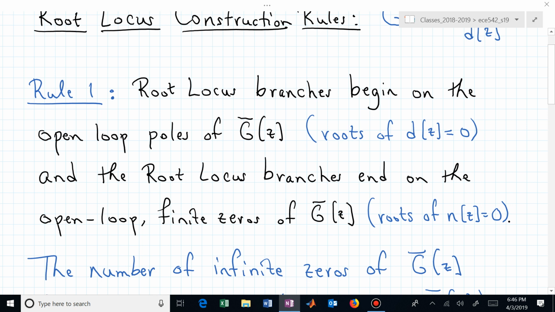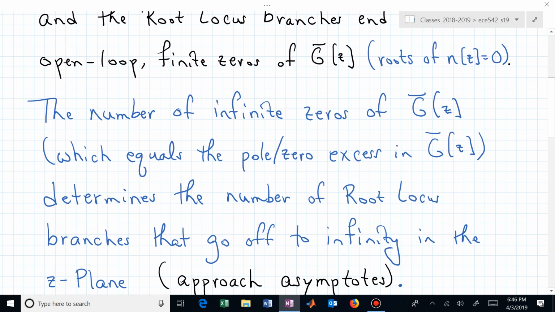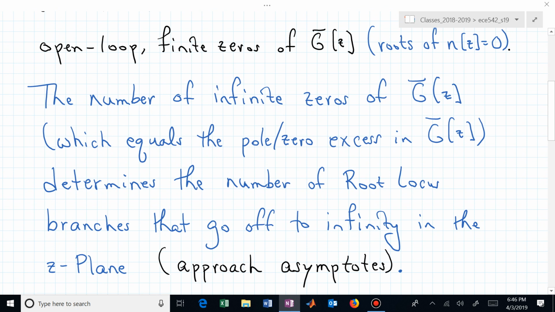And the root locus branches end on the open loop finite zeros of g of z. But we may have more poles than we have finite zeros, and if we do, then those zeros at infinity are where the other branches approach. That's rule number 1. That's just the overall picture.